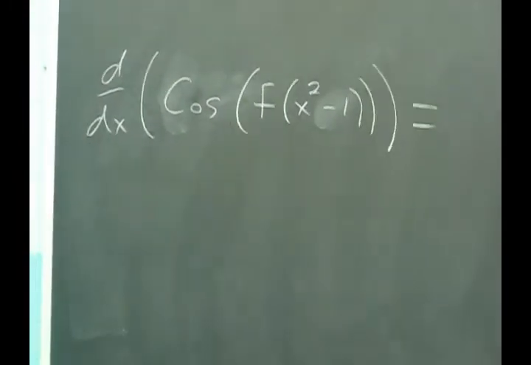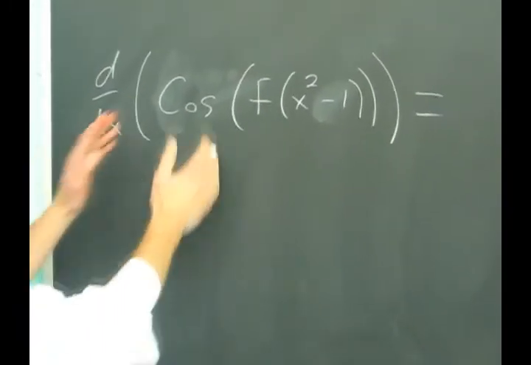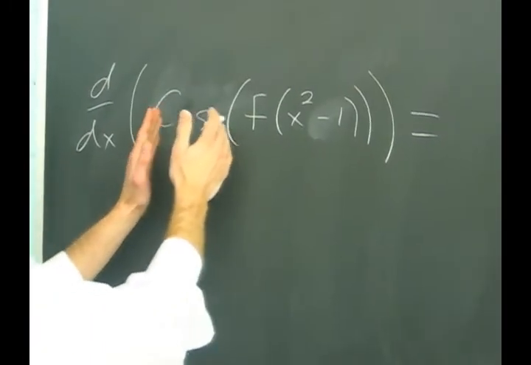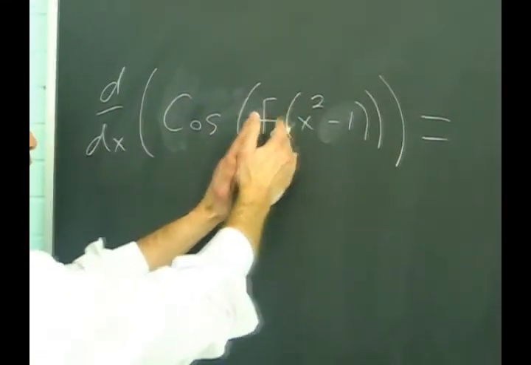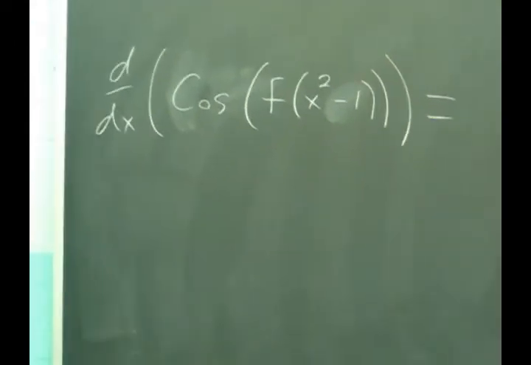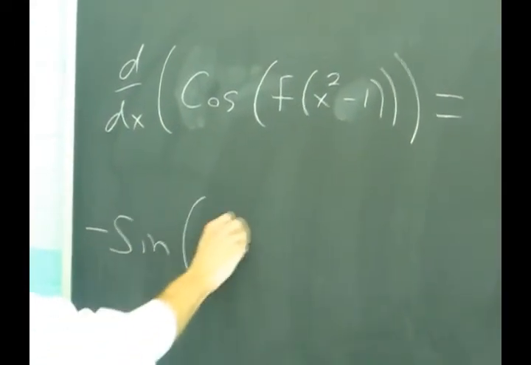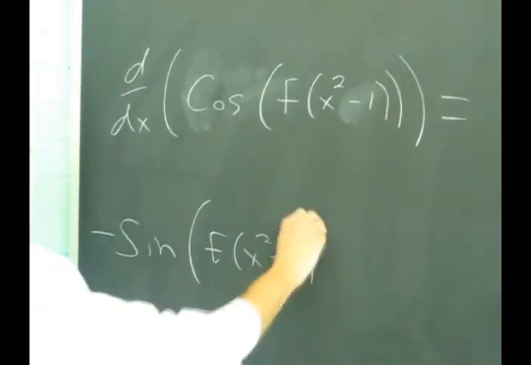Last example, you can also do this with unspecified functions. It's actually easier. We have a chain of order 3 here. We have the cosine. The next function in is f, and the next function in is the x squared minus 1. So to carry this out, the outermost function is cosine, whose derivative is minus sine of f of x squared minus 1.